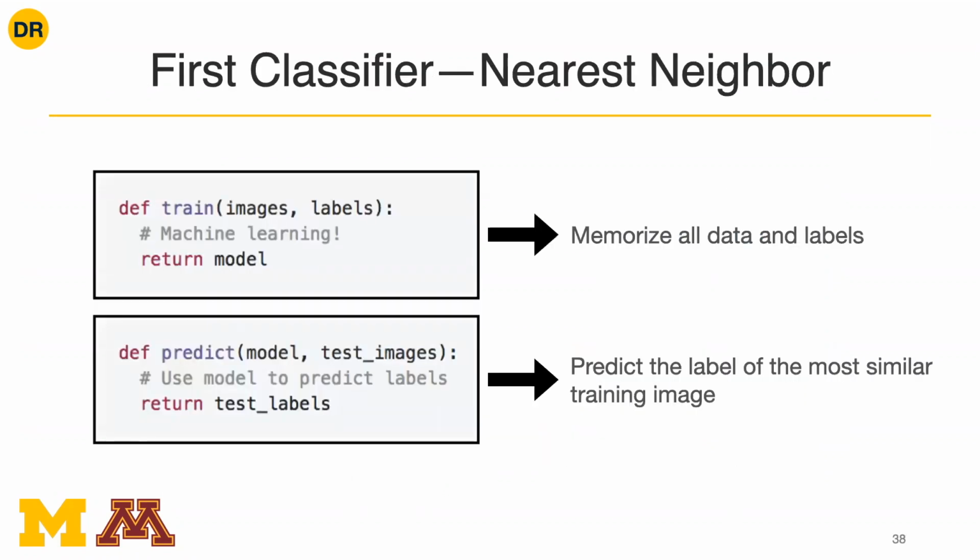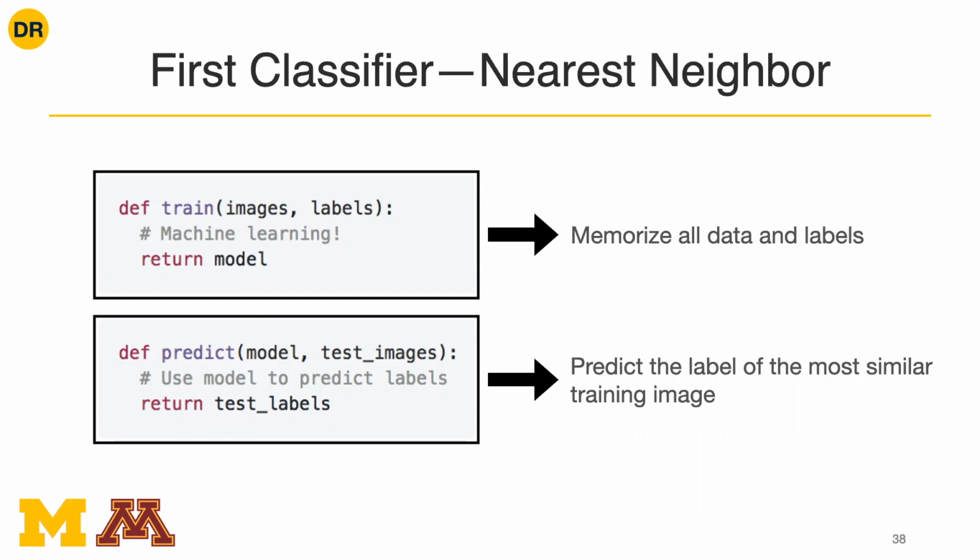Okay, so coming back to implementing a first classifier, let's say a nearest neighbor classifier. Like we saw earlier, there are two blocks: one that takes in images and labels and memorizes what's happening in the data, and spits out a model.